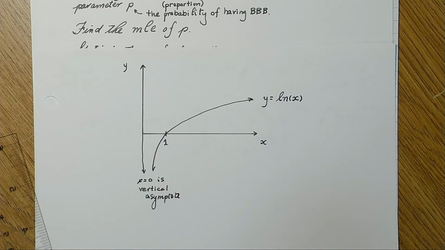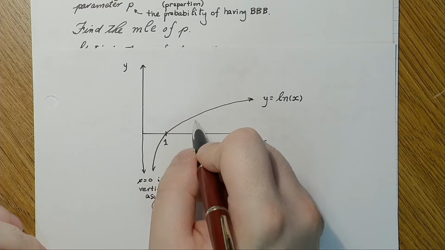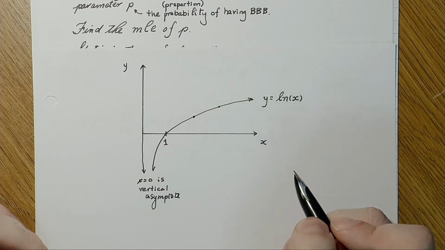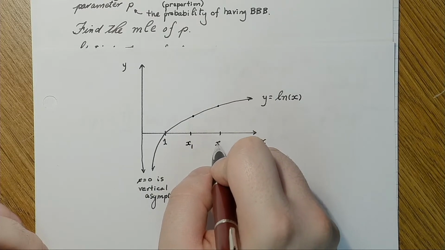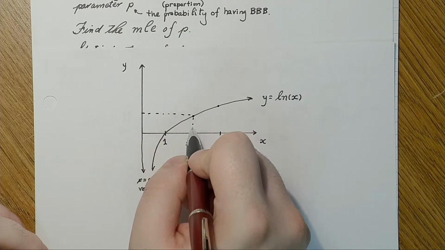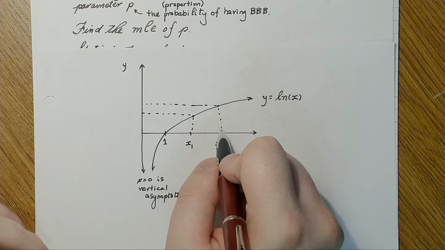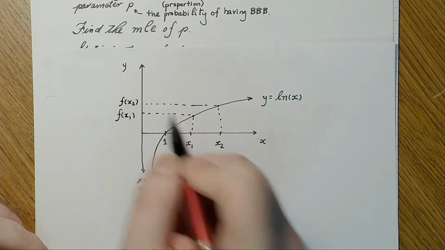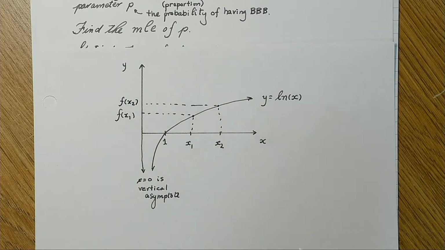There's our ln of x. So let's just look at this. We have x1 and x2, and then we'll have f of x1 and f of x2.